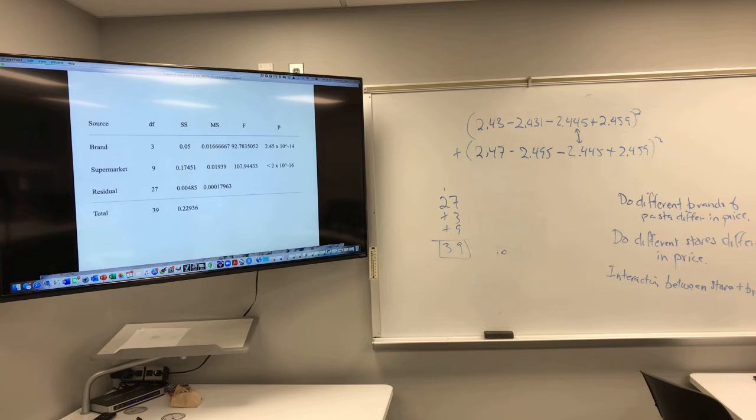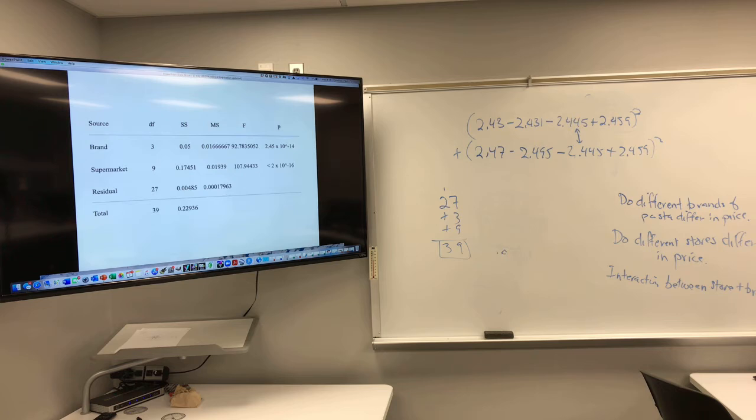So in this case, what it's telling you is that brands differ within stores, and prices differ across stores. What it doesn't tell you is how brands and stores differ together in concert with one another.